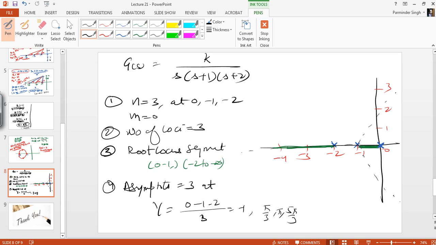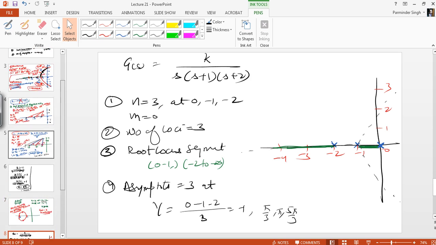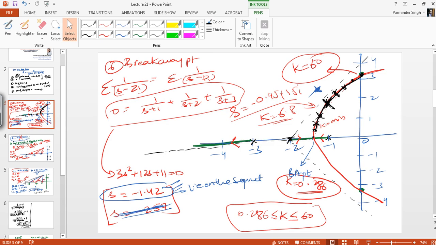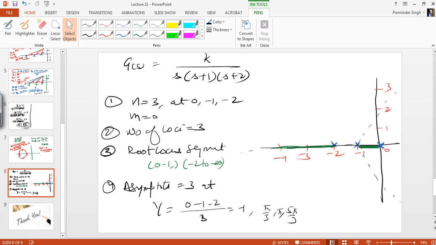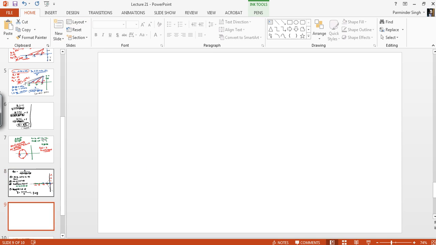Clear? Since the asymptote cuts the imaginary axis, root locus will also move towards this thing. Now remember one thing over here, I haven't discussed: root locus can never cross the asymptotes. Clear?